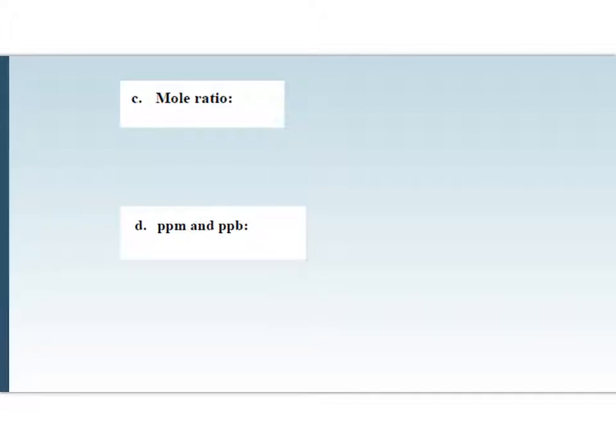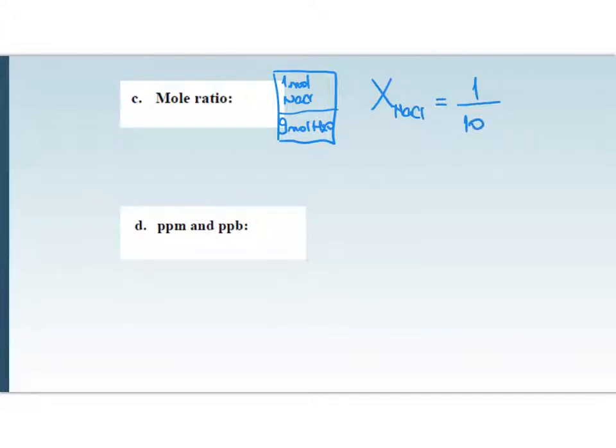For example, in a container, you have 1 mole of sodium chloride, which is dissolved in 9 moles of water. Mole ratio is just shown with capital X here. For example, the mole ratio of sodium chloride is equal to 1 over 10, meaning mole number of solute over total mole number.